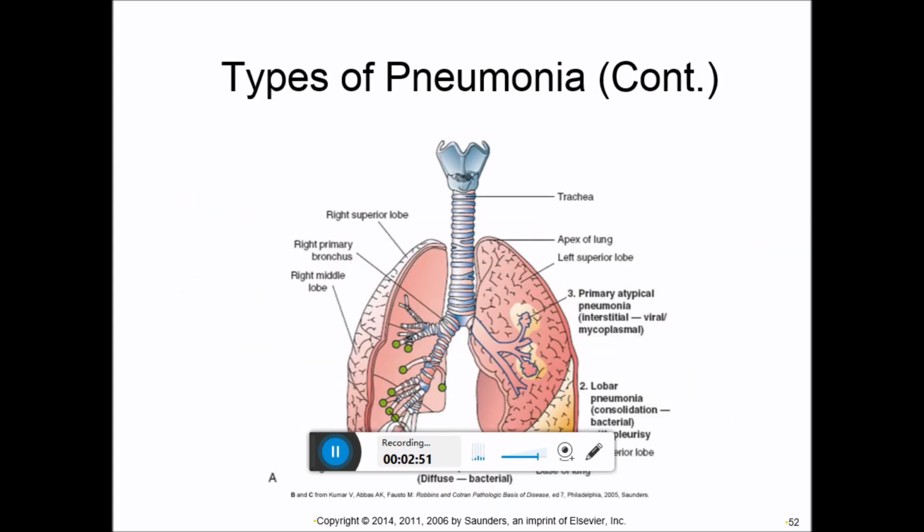Okay, if you look at this picture, this is taking the whole lobar. This is taking the bronchi and the adjacent alveoli, so this is bronchopneumonia. And this is atypical. It's taking also the alveoli and part of the lung tissue, but the cause is different.